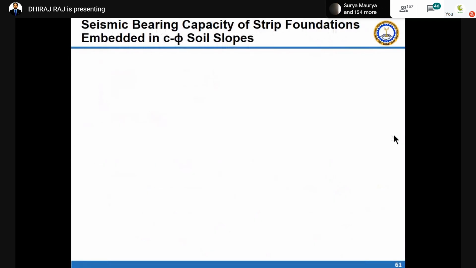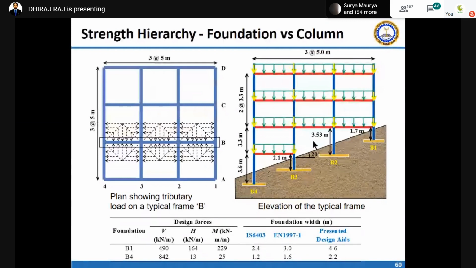Since we don't have any methodology for designing foundations on slopes, actually on the face of slopes, hardly 4 or 5 targeted literatures are available for foundation design on the face of a slope.